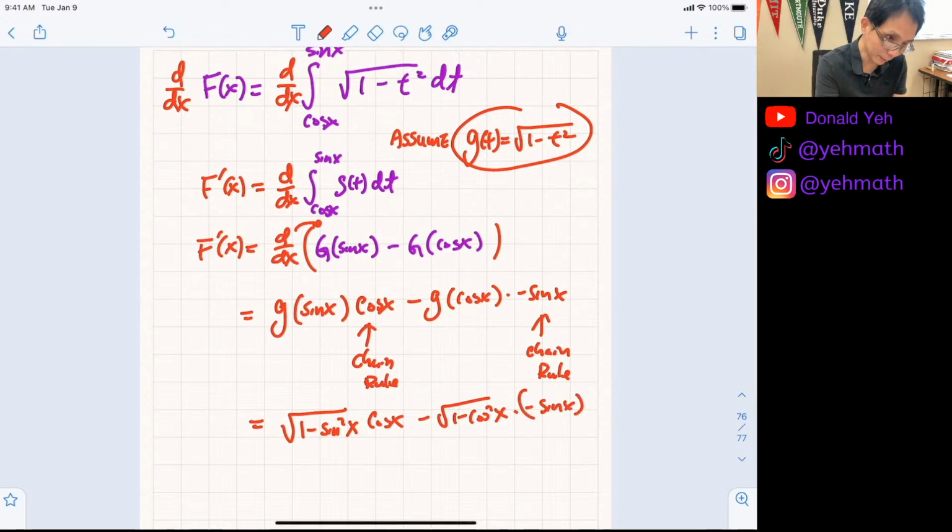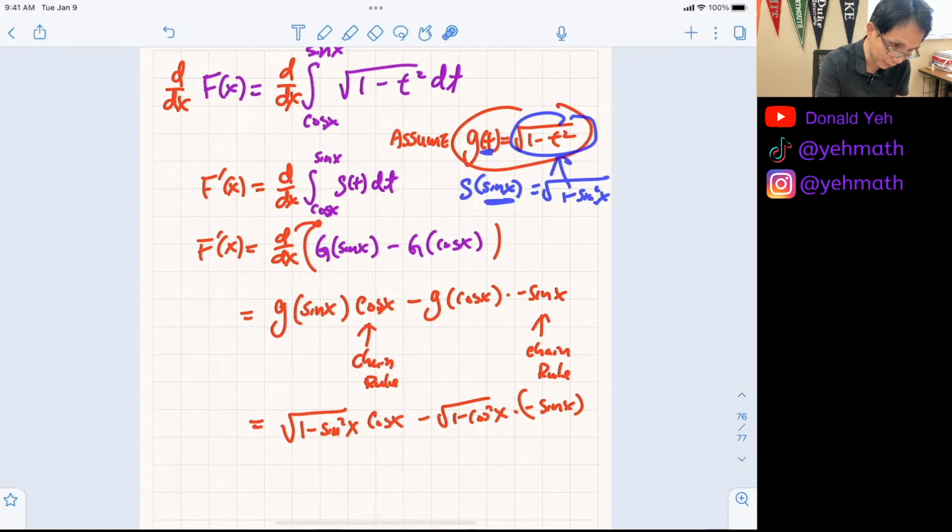I just plug in because I know this is what I assume, right? What is g of sine of x? Well, g of sine of x is equal to the square root of 1 minus sine squared of x, because if this is plug in t for t, this is plug in sine x for t. So I just plug in that. Does that make sense? Yes.